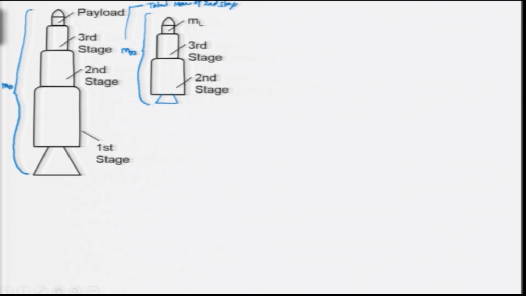m01, and the total mass of the second stage will act like a payload for the first stage. This is the payload of the first stage, L1.